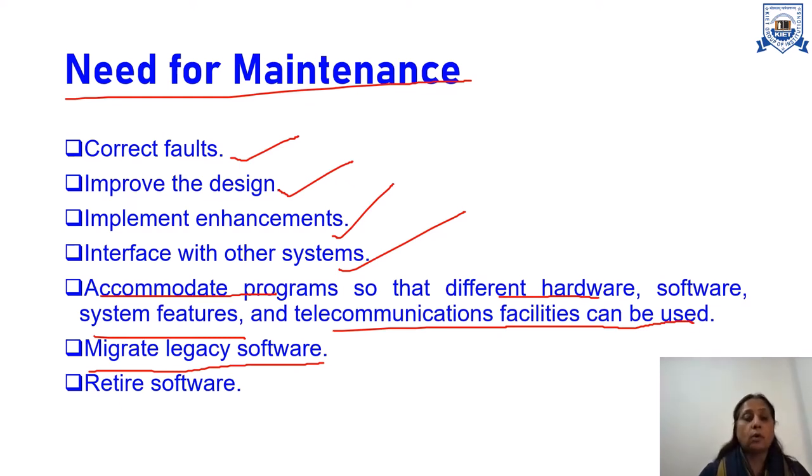And we can also retire the software. Maybe there will be some technology changes, or we want something new, or our functionality is changed in the organization. In many cases we will retire the software. So when we retire the software, in that case we also need maintenance.